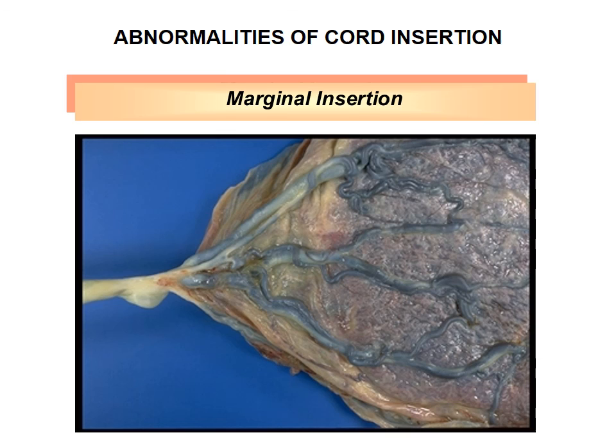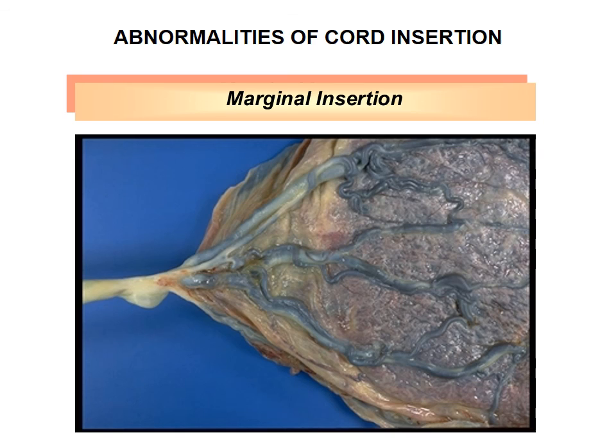The cord normally inserts centrally into the placental disc, but eccentric, marginal, or filamentous insertions are variants. The eccentric and marginal are clinically important in that the cord or its vessels may be torn during labor and delivery.